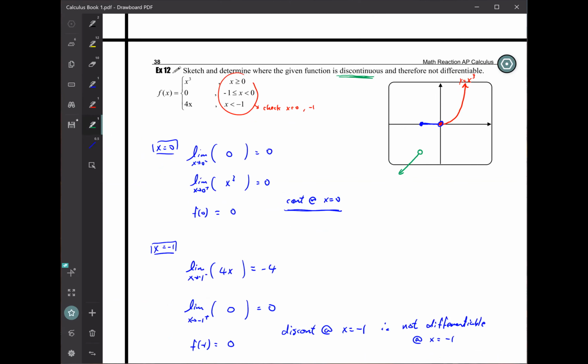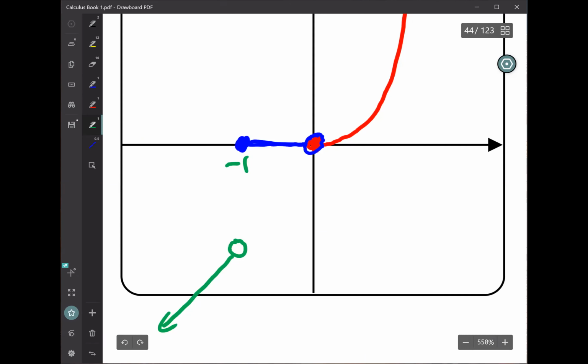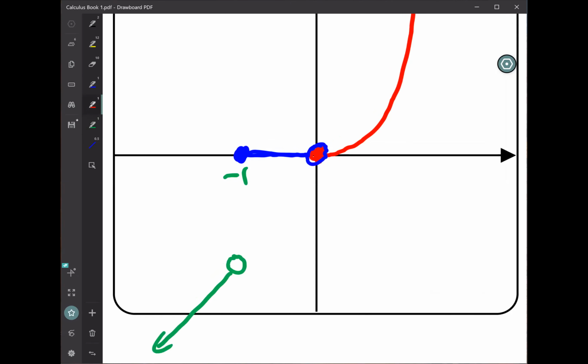So at -1, it's not differentiable because it's broken. At 0, if you think about the slope without doing the work, the slope coming from the right side eventually will become flat, right? You see that the tangent line will become flat. Start from here, become flat, so it'll be 0.